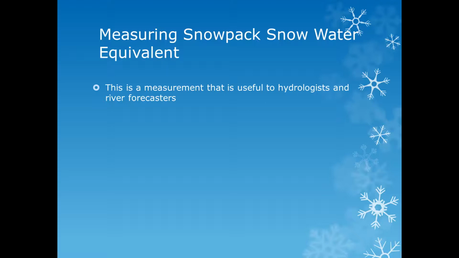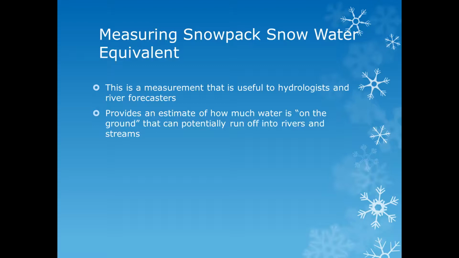I can't remember the entire acronym right at the moment, but they use this every day to help make their calculations of the amount of water that's sitting on the ground in the form of snow and ice. And that's what hydrologists and river forecasters use in their models, especially as we get closer to spring and we're going to get runoff into rivers and streams.